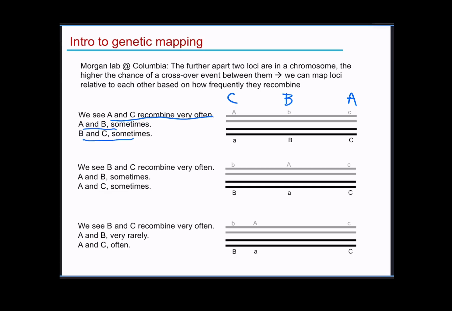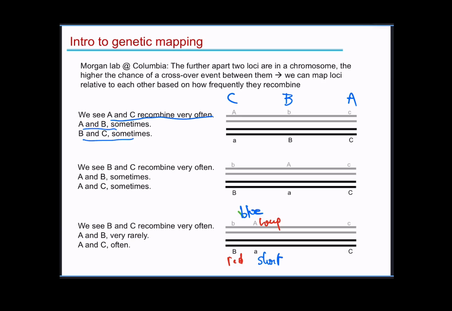If you take this individual, and once again, you cross it to a test cross individual, let's say that B codes for, again, flower color, right? And recessive is blue, and dominant is red. And A codes for stem length, and dominant is long, and then the recessive for stem length is short, right?